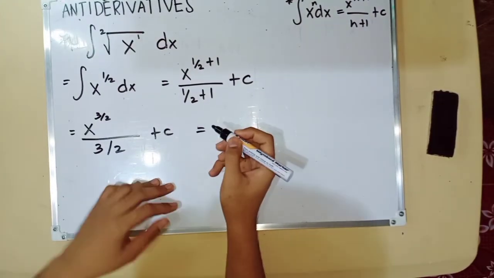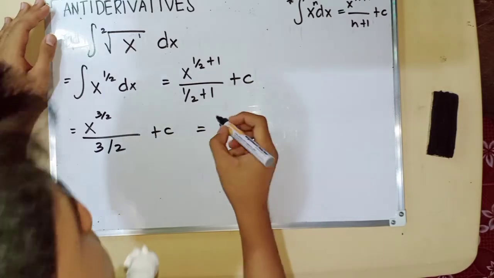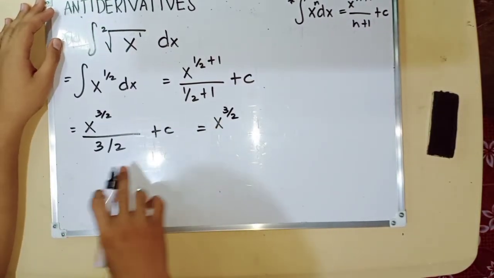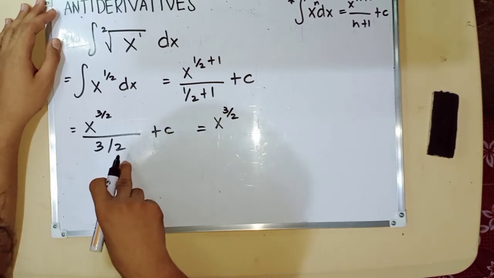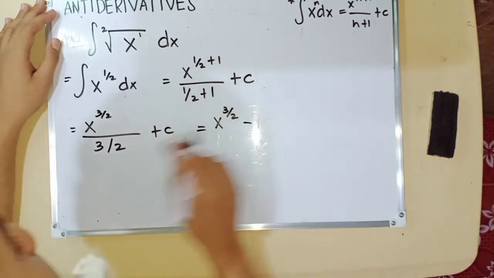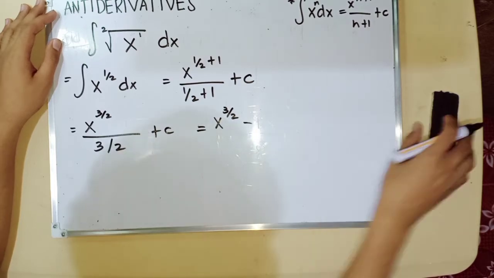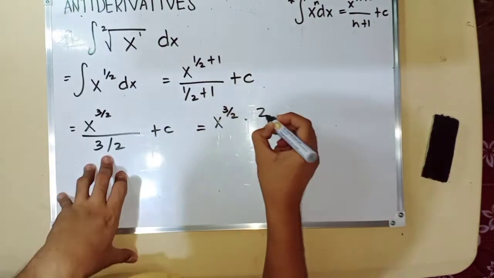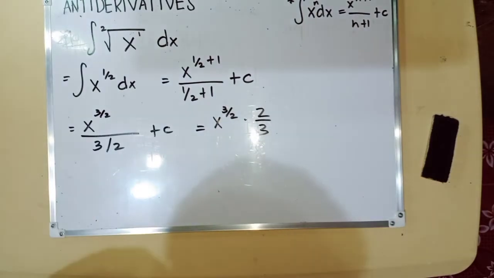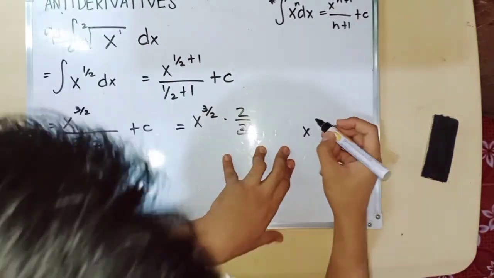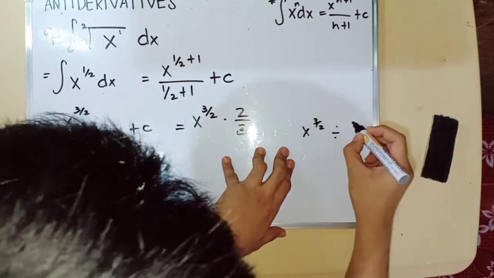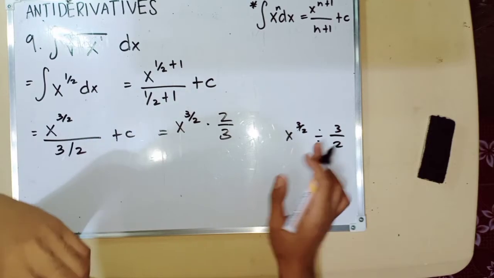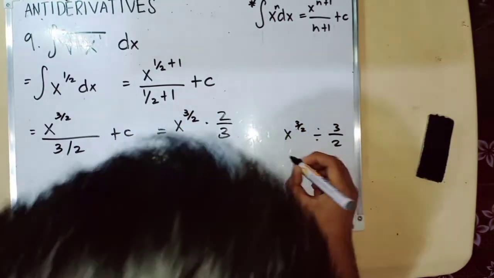So, i-simplify pa natin. So, x raised to the power of 3 over 2, itong 3 over 2 dito sa denominator ay equal rin ito sa 2 over 3. Dahil kapag dinivide natin ito, i-reciprocate natin ito para mag-multiply siya.